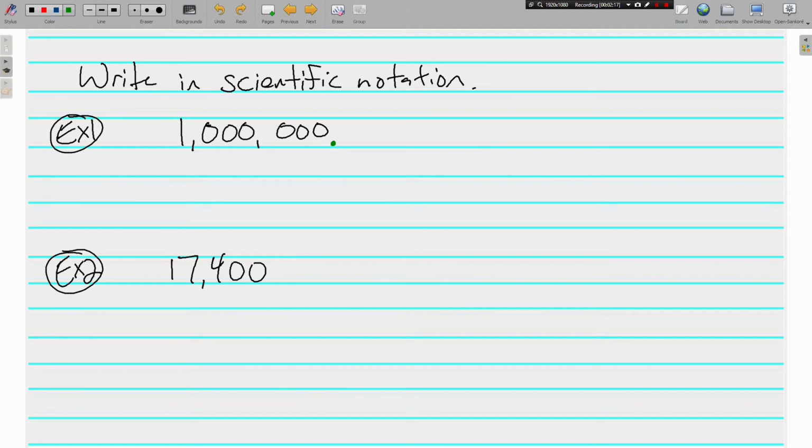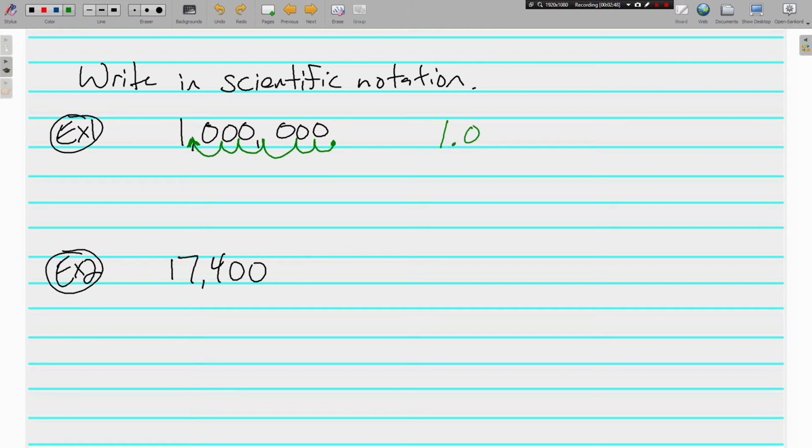We have to move the decimal so that it makes a number that's at least 1 but less than 10. So I'm going to move it once, twice, 3 times, and keep going, 4, 5, 6. The decimal point needs to go right between the 1 and the 0.